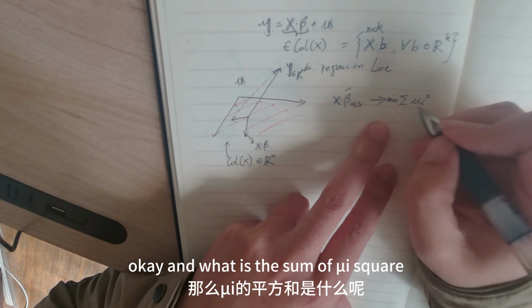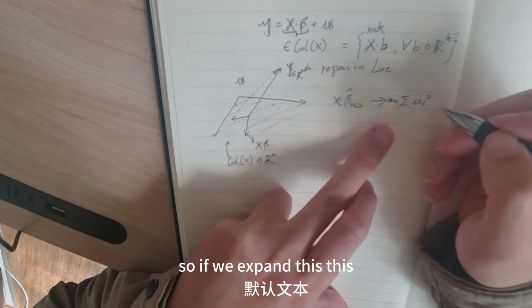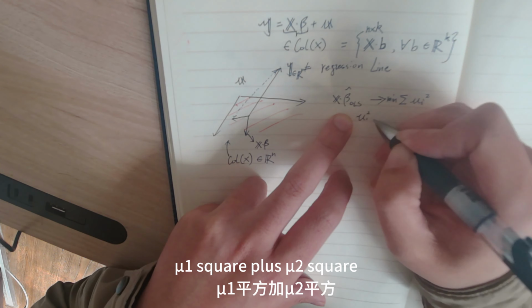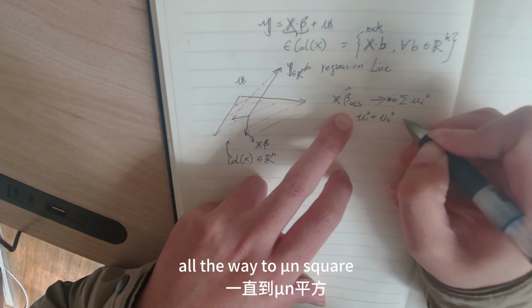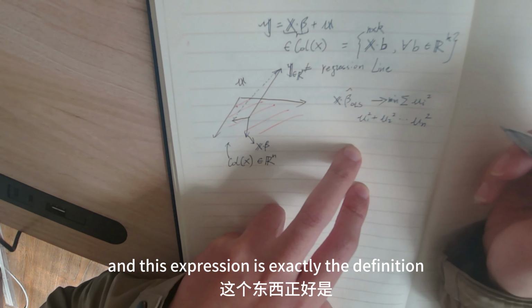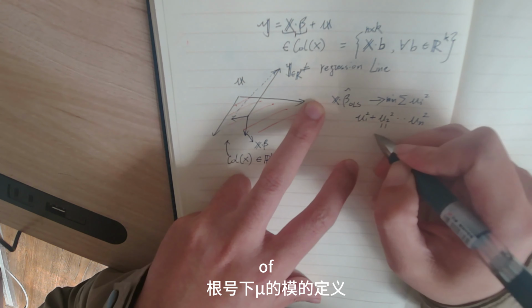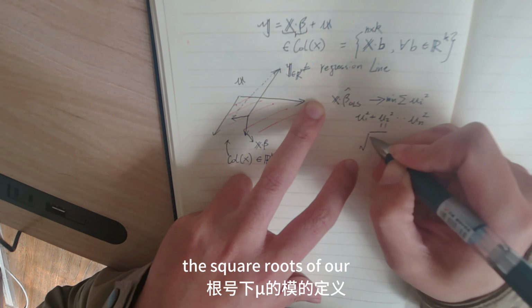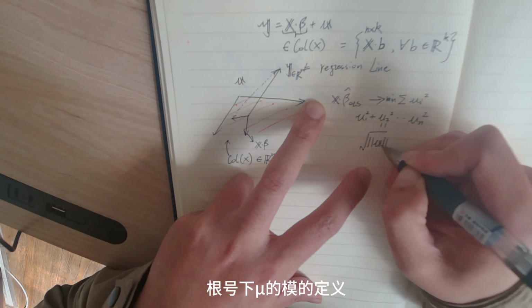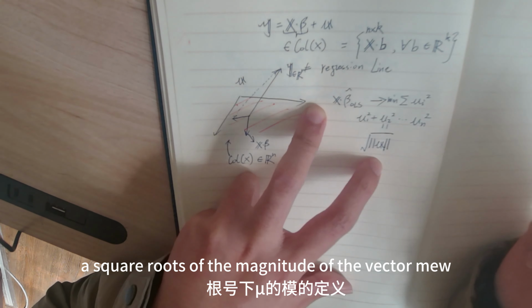And what is the sum of mu i squared? If we expand this sum, it is equal to mu 1 squared plus mu 2 squared all the way to mu n squared. And this expression is exactly the definition of the squared magnitude of our vector mu.